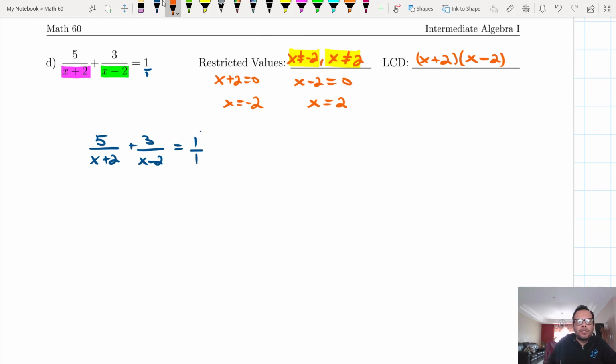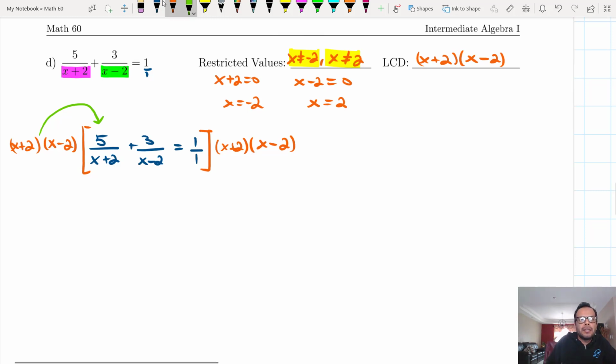The next step will be to multiply both sides of the equation by the least common denominator, x plus 2 times x minus 2, on both sides.